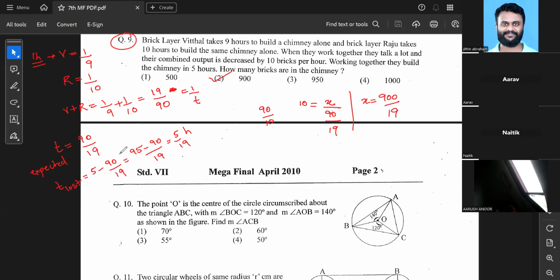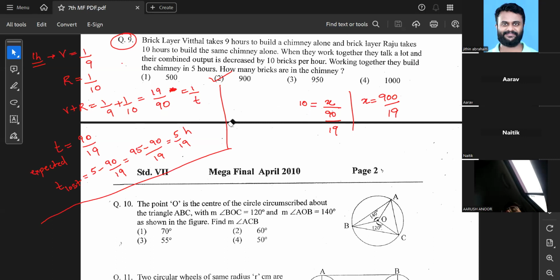So, you got the idea till here, by the way, dear children? Is there anyone who did not understand this part? Yes, sir, got it. Okay. So, technically, formula wise, I'm thinking when they're working together, they were supposed to complete by 90 by 10.